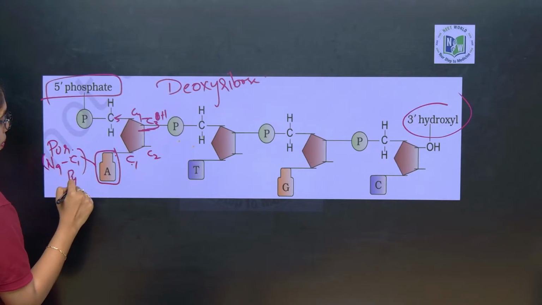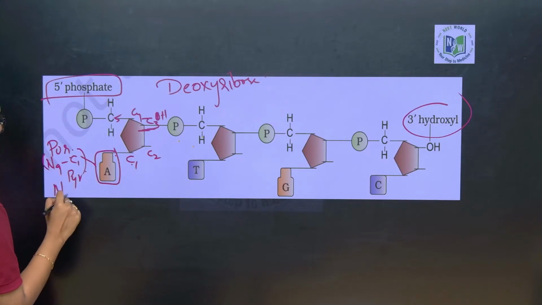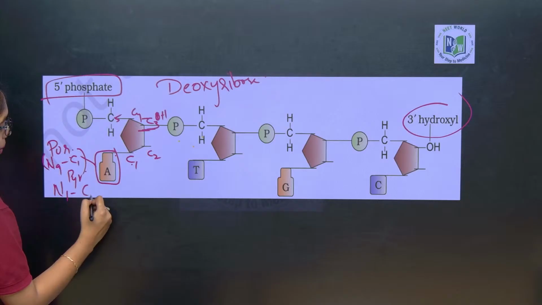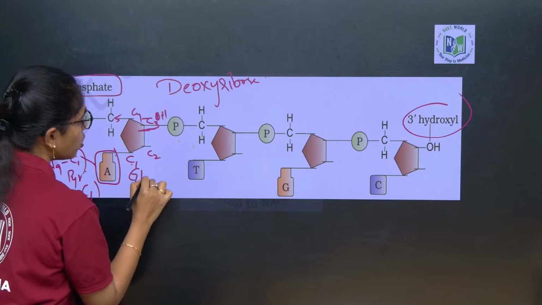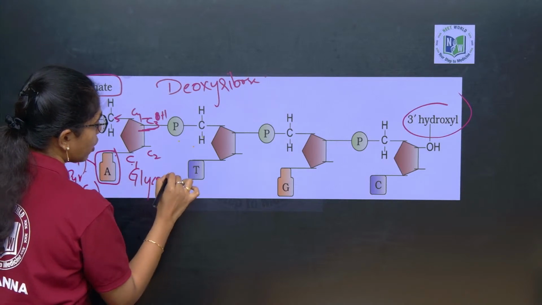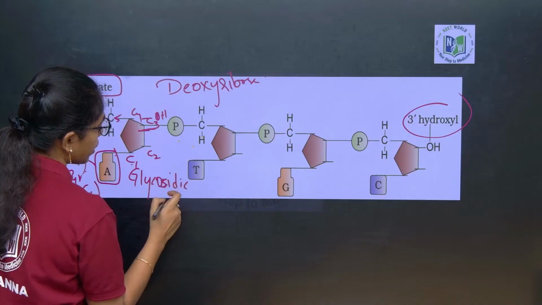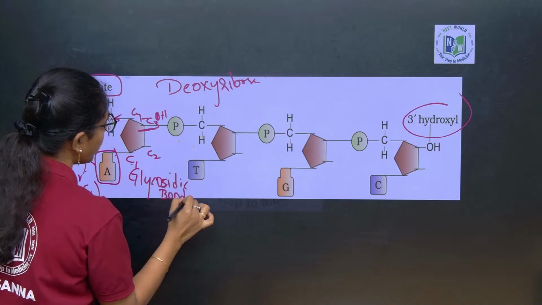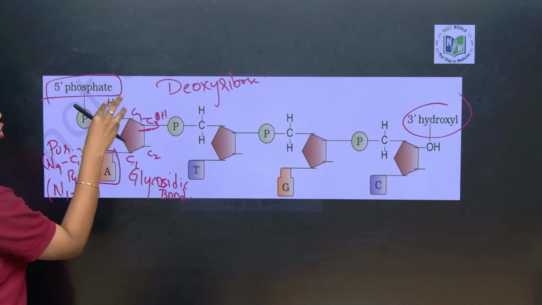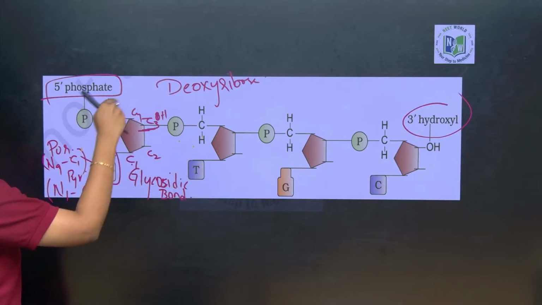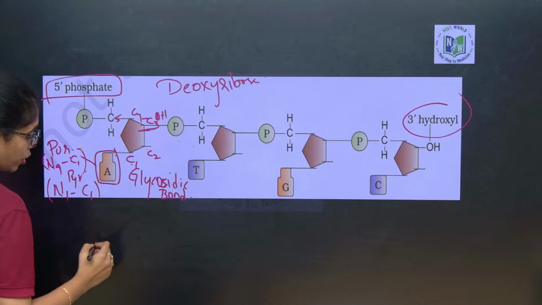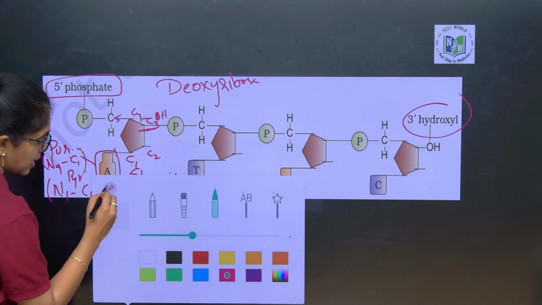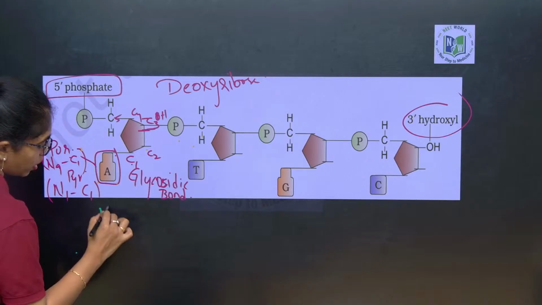If the nitrogen base is pyrimidine, the N1 of the pyrimidine will attach to carbon 1 of the sugar. This linkage is called a glycosidic bond. The nitrogen base and sugar together form a nucleoside.